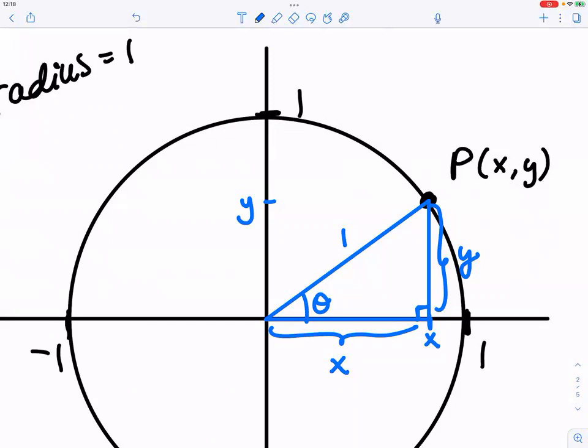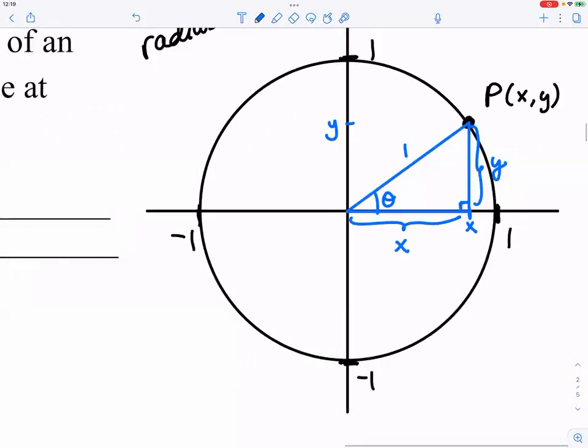Okay, I'll let you label these first. So now, if we have this triangle, then we can start contemplating something.